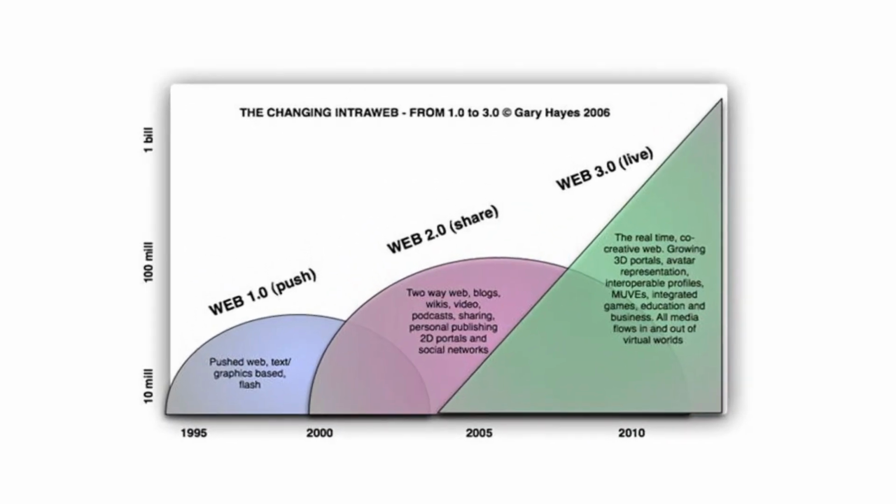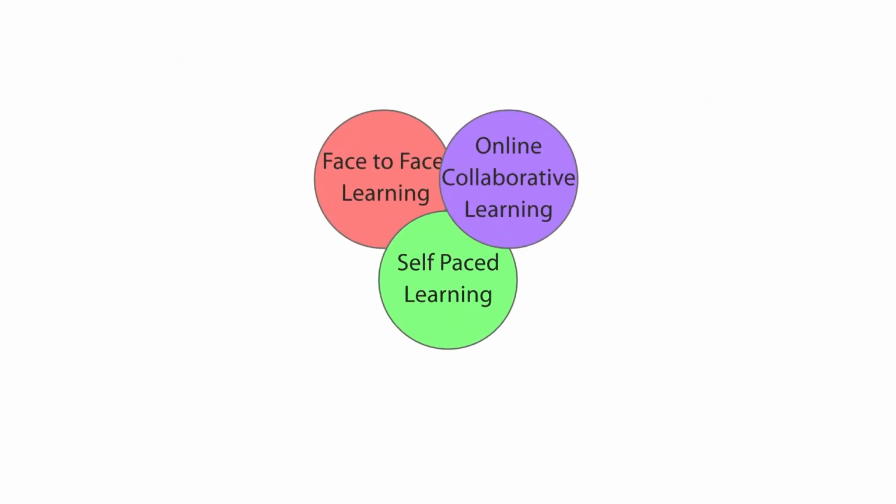But what you see on your screen is that we started with wave 1, wave 2.0, wave 3.0. Now they are talking about having already entered wave 4.0. So blended learning is basically a combination of the three you see on your screen: self-paced learning, self-learning; face-to-face interaction, basically for hands-on and practical experiences; and online collaborative learning.